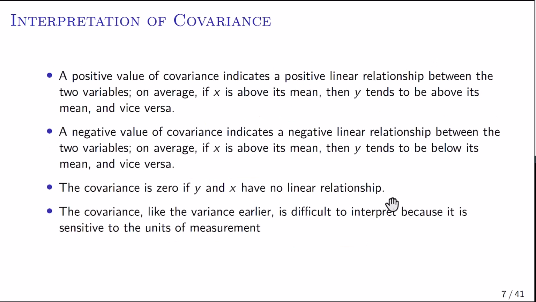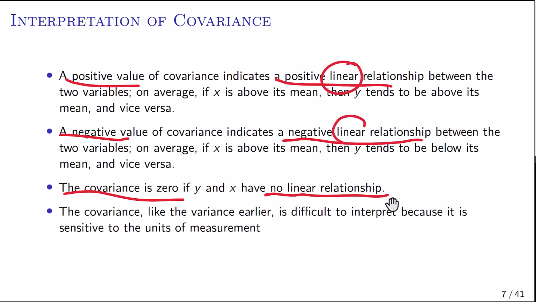As we know, covariance is a very good indicator of the relationship. A positive value indicates a positive linear relationship. A negative value indicates a negative linear relationship. If it's 0, that means x and y have no linear relationship. Here we have to be a little bit careful, because you see we always put "linear" here.